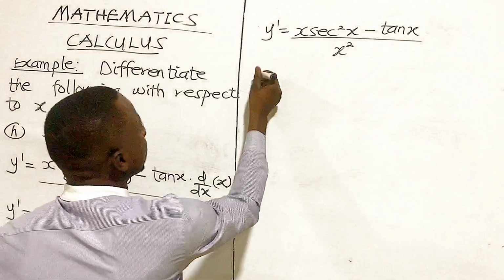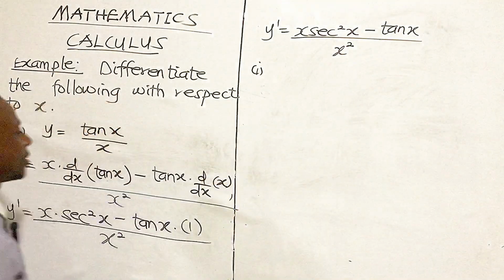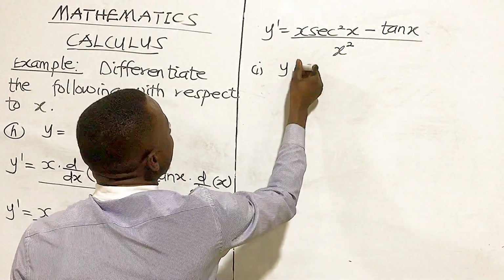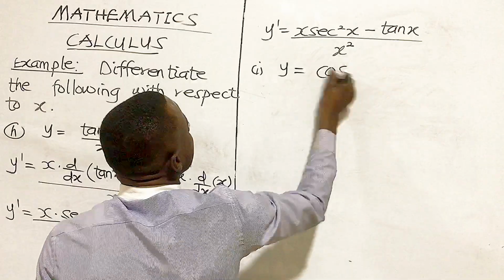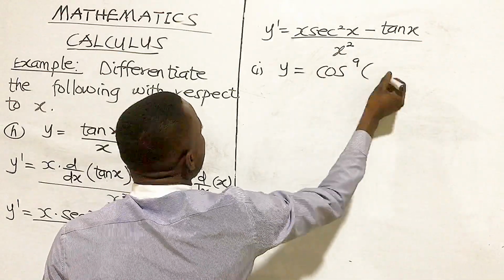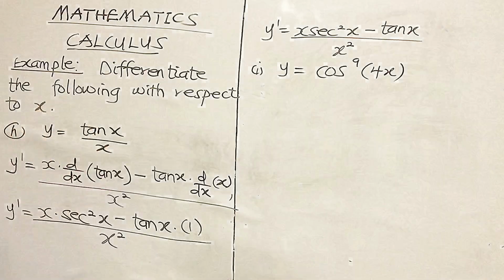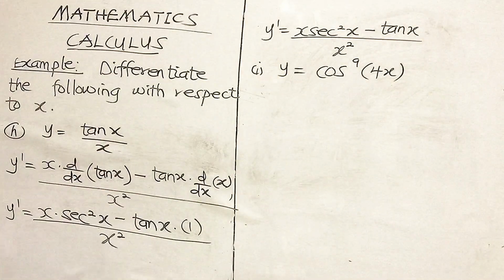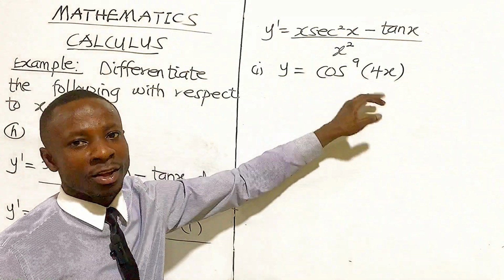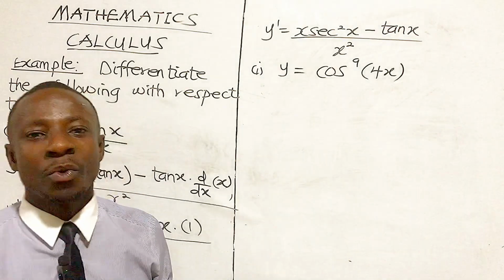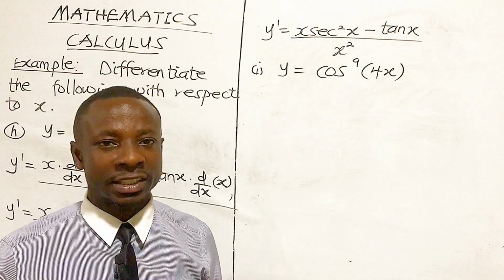The next one, I. We have y is equal to cos exponent 9 of 4x. Y is equal to cos power 9 of 4x. So we are going to look at how we are going to find the differential.